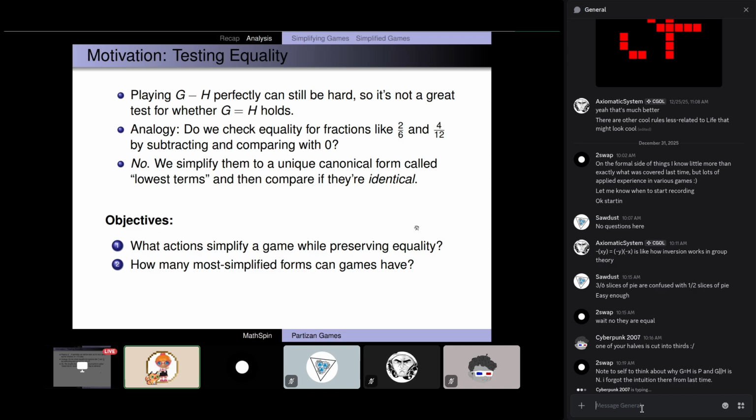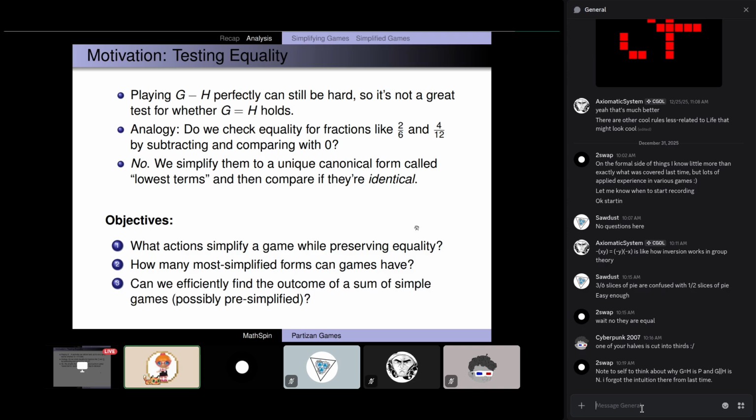This is not the theorem that we'll have, but you can imagine maybe most simplified forms will almost be the same, except maybe some places will have 0 and some places will have star plus star, or something like that. If they're that close, then we could probably figure out equality pretty easily. Something like that would be nice. But we don't know. We'll find out.